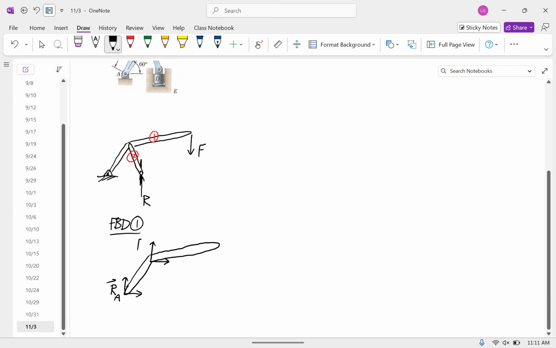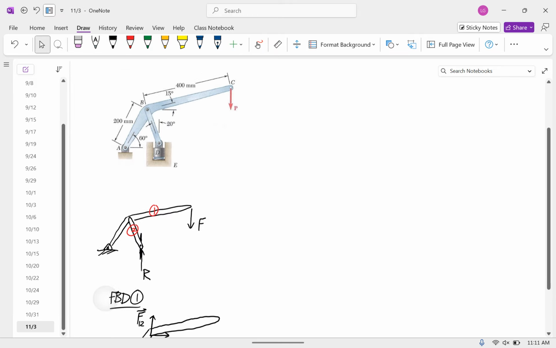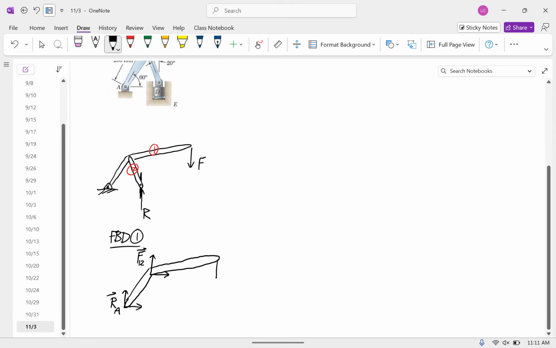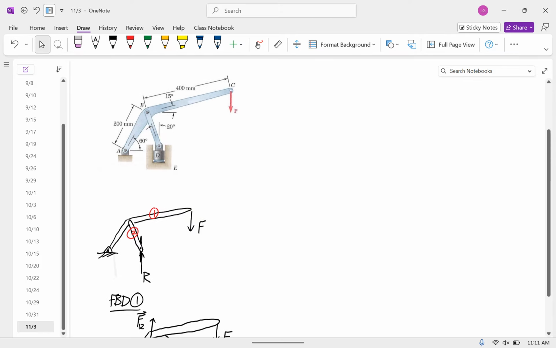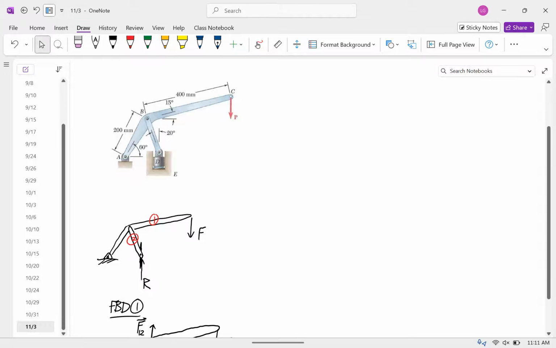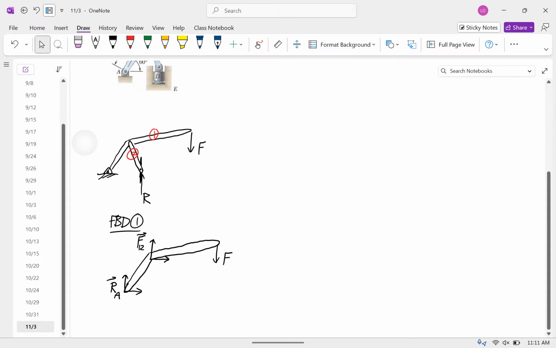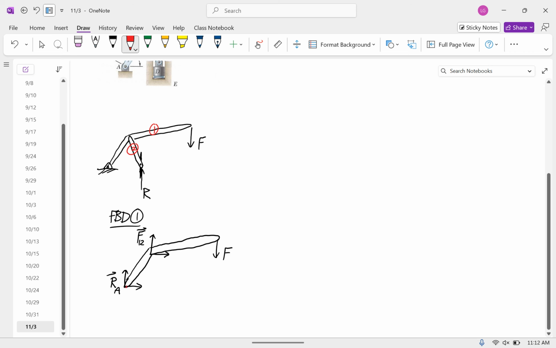Here's F12. And here's F. And there's no masses or anything. I'm going to put my about point here.